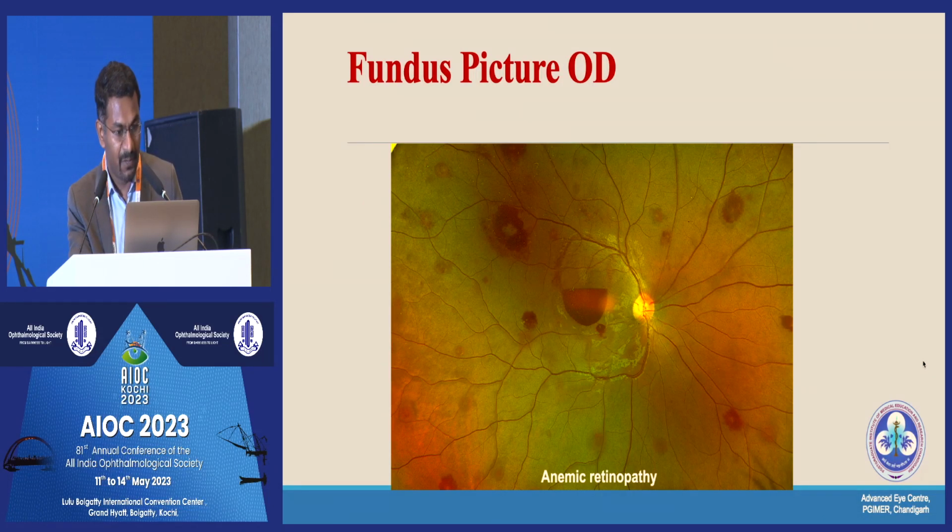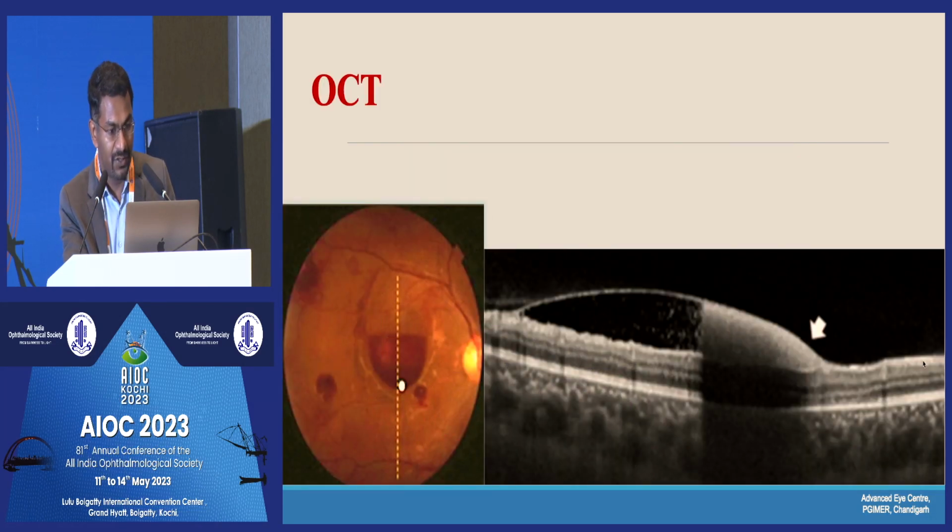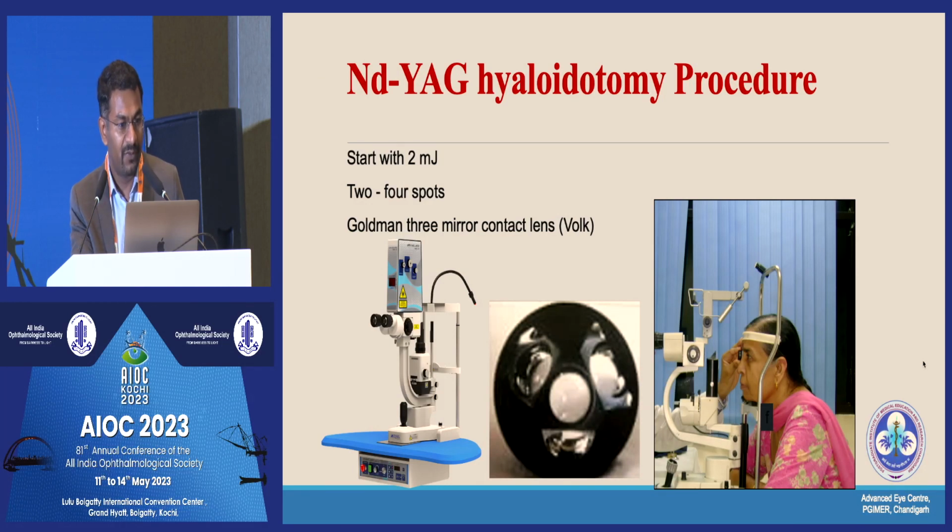This is the enlarged picture where we can see a 2 disc diameter blood covering exactly in front of the fovea. This is the OCT, which shows localized hyaloid detachment as well as subhyaloid blood. Before going to PPV, we performed YAG laser hyalodotomy.